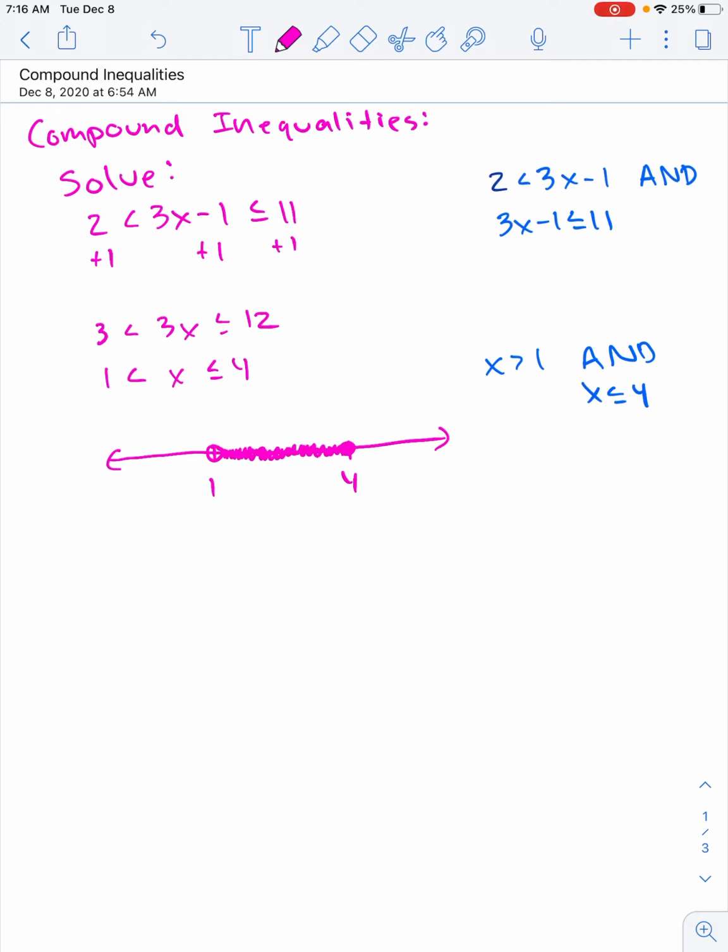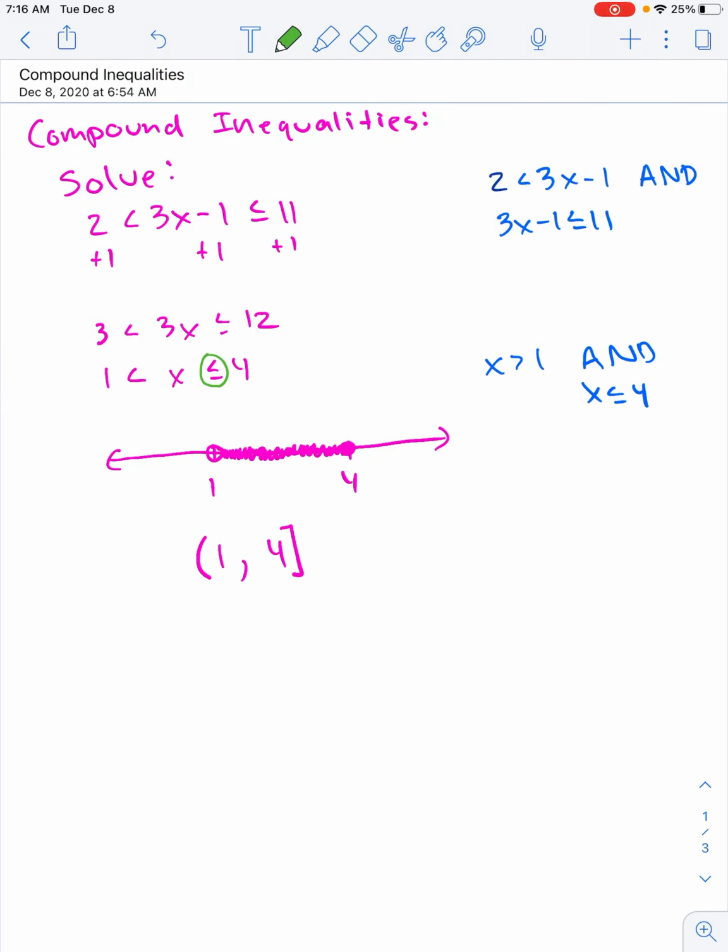Finally, to write it in interval notation, I'm going to put my smallest value, comma, my largest value, so that's 1 and 4 in this case. And then I have to decide whether to put parentheses or brackets. So around the 1, I'm going to put a parenthesis because 1 is not included as a solution. Around the 4, I'm going to put a bracket because 4 is included in the solution.